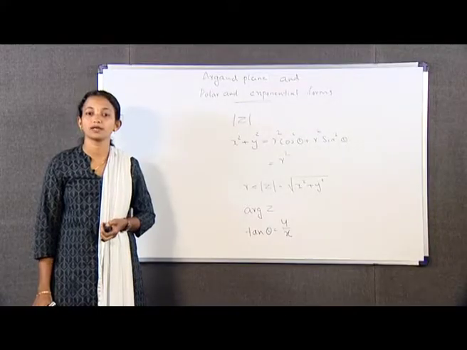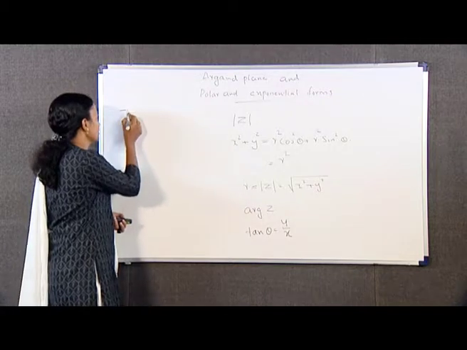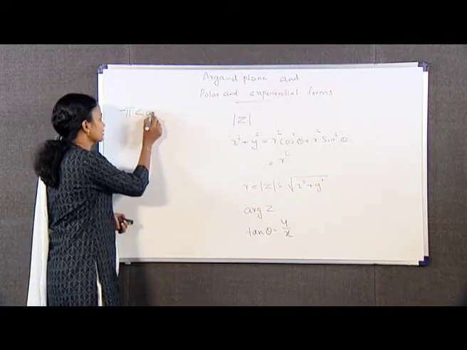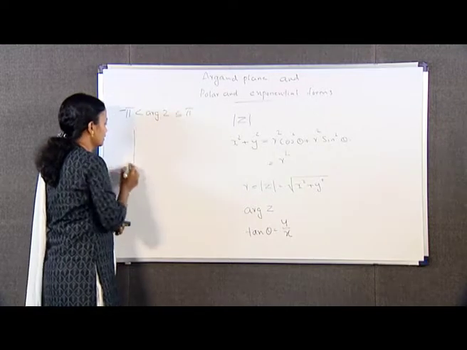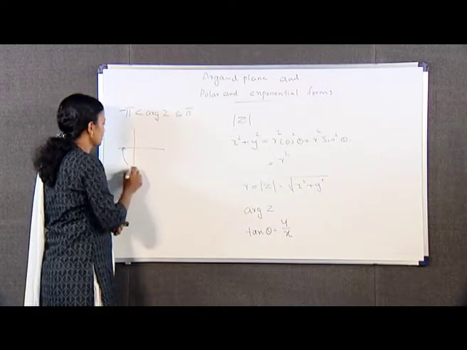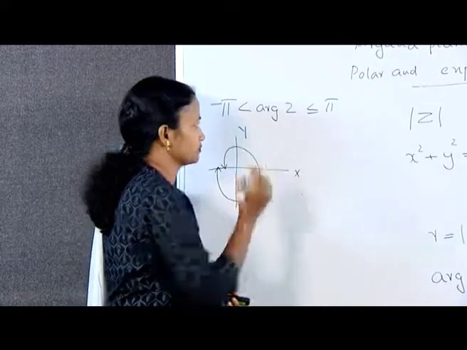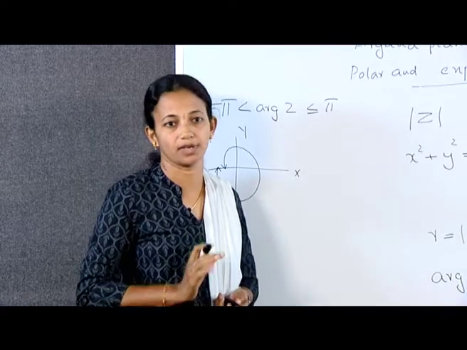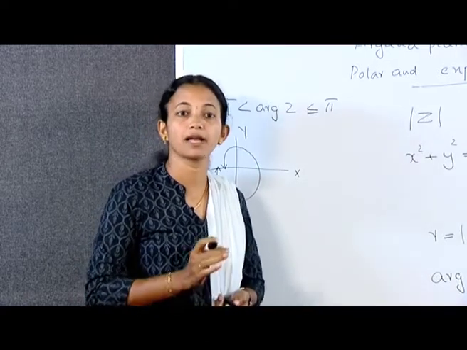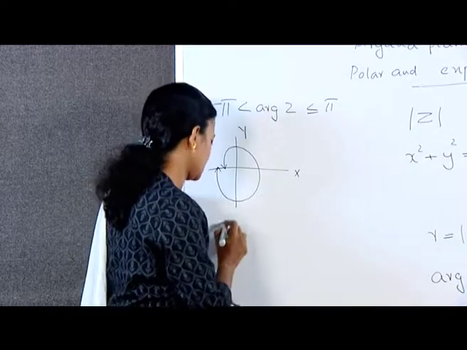This unique value of arg z such that minus pi less than arg z less than or equal to pi, that is called principal value of arg z or principal amplitude of z, and is denoted by Arg z.